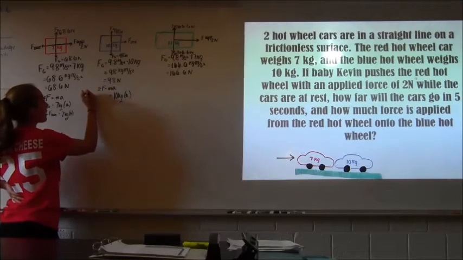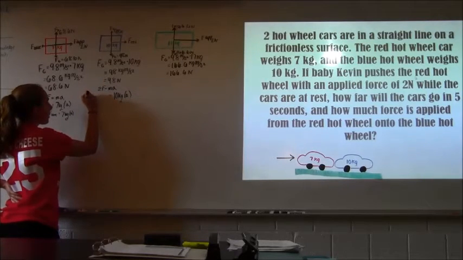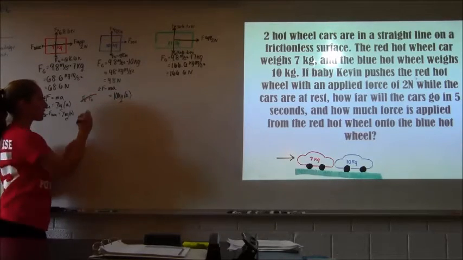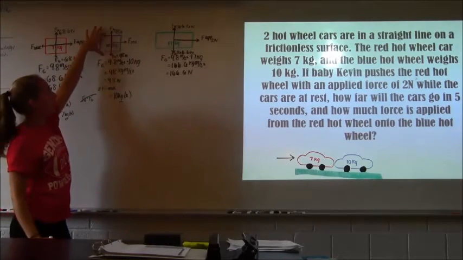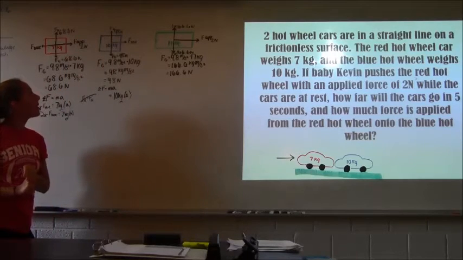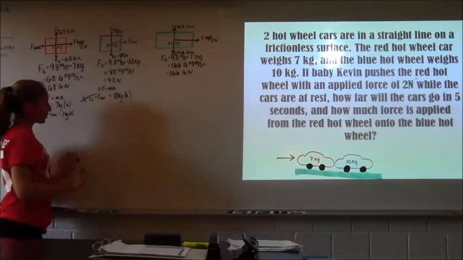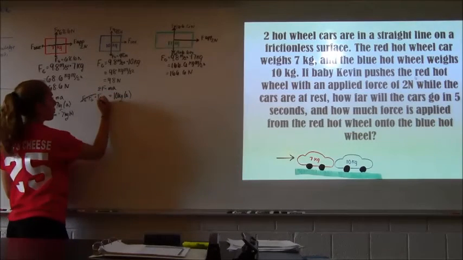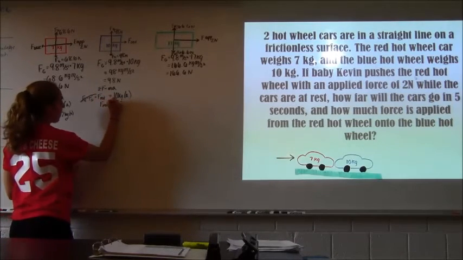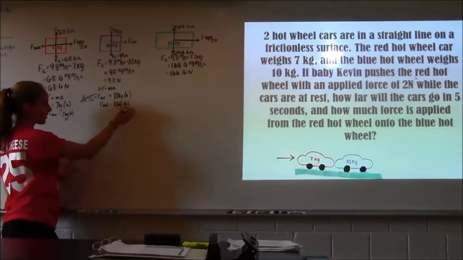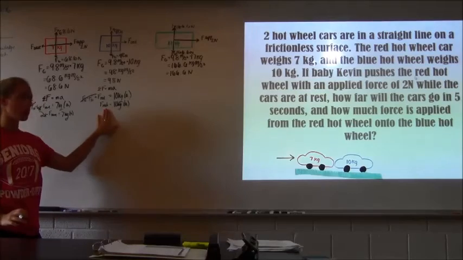In this case, the normal force minus the gravitational force would still cancel out because they're the same value. So that leaves us with the force of the red car on the blue, which we don't know. So we still are unable to find the acceleration because we still have a missing variable.